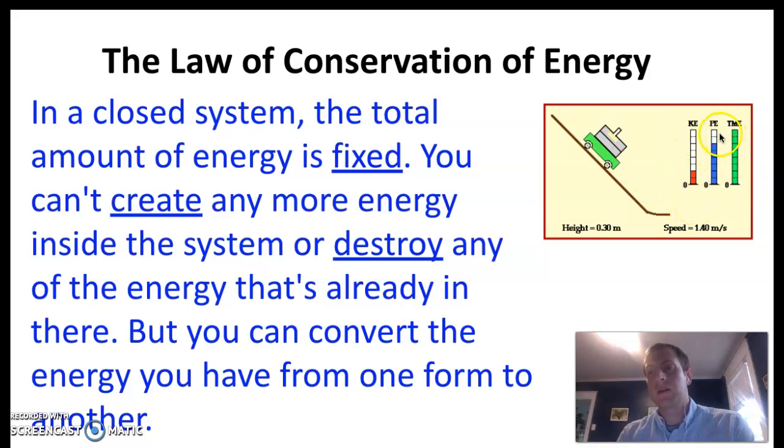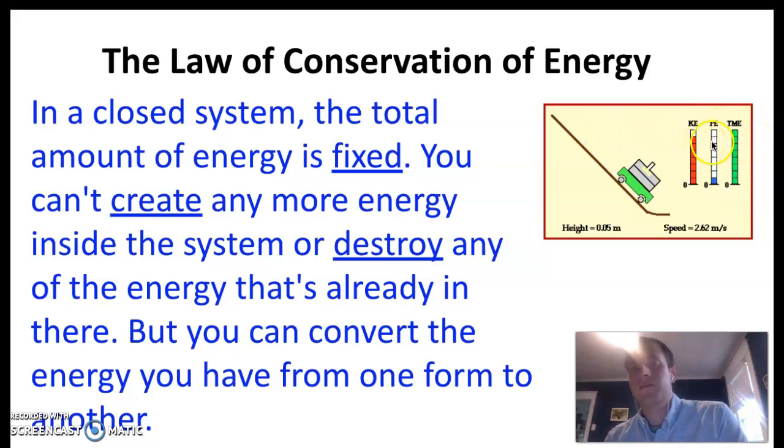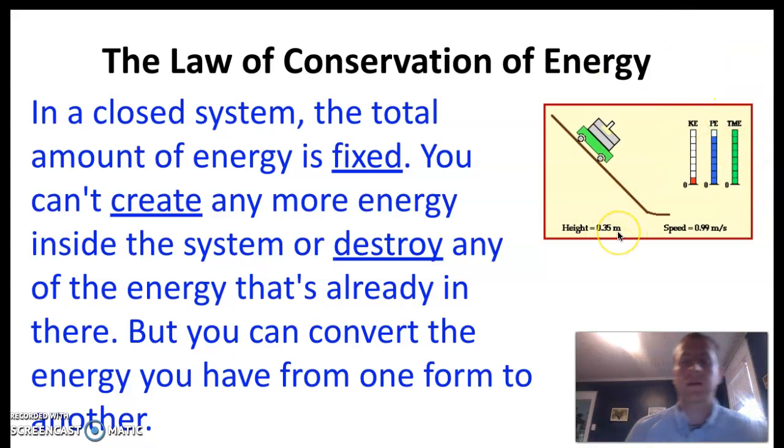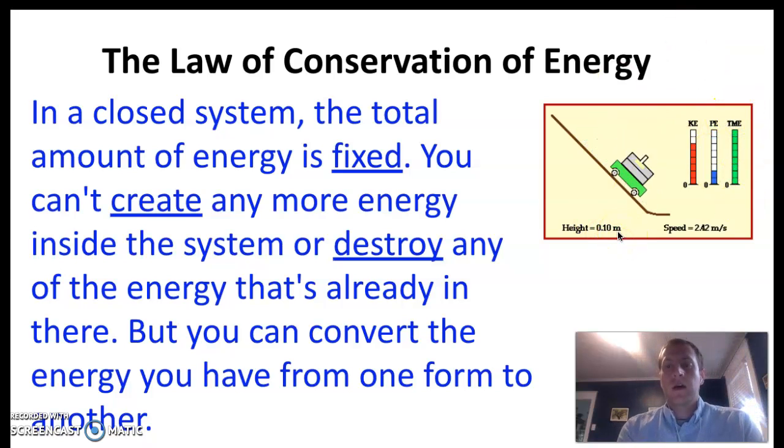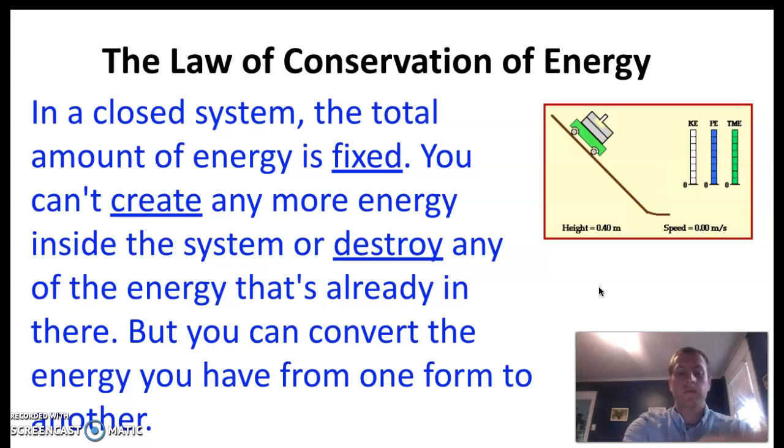But notice, at each time, the total energy doesn't change. The total energy being all the moving energy and the stored up energy. This is basically what the conservation of energy law means. There's some really cool applications of that we're going to get into, but especially to know that if you transform one form of energy into another, you don't lose energy in the process.